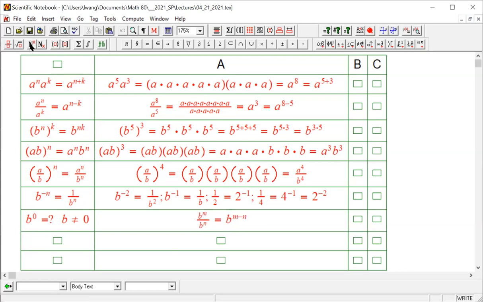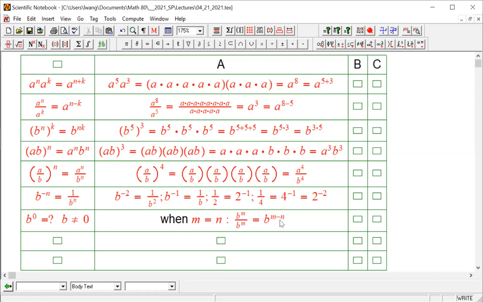We're certain about that. However, what happens when m is the same as n? This is still true when m is the same as n.